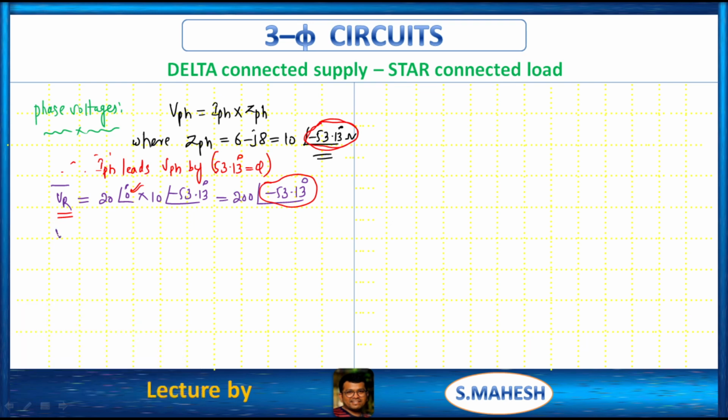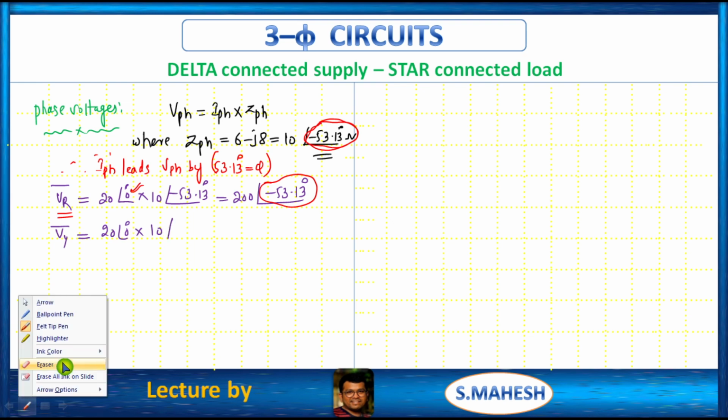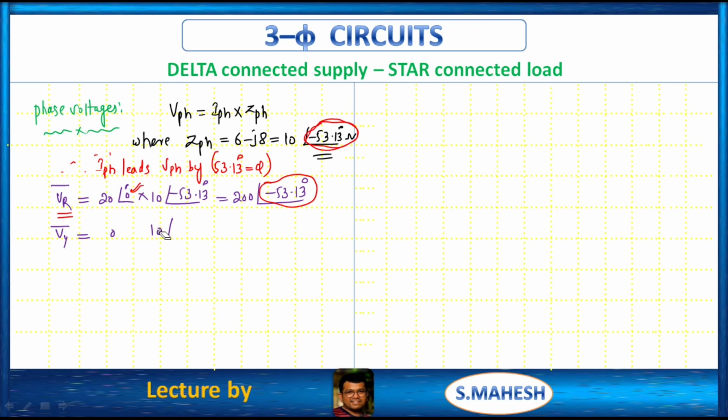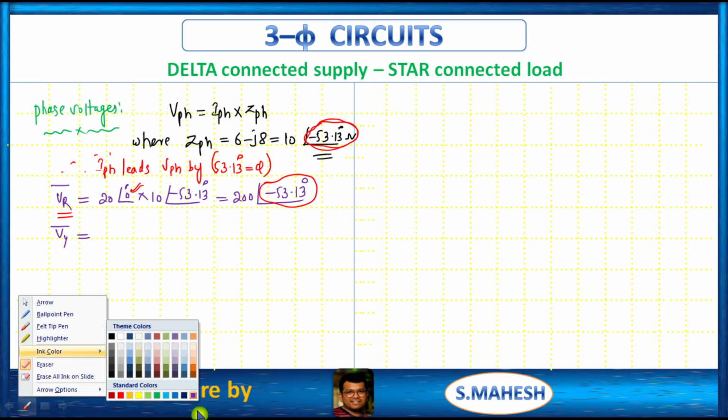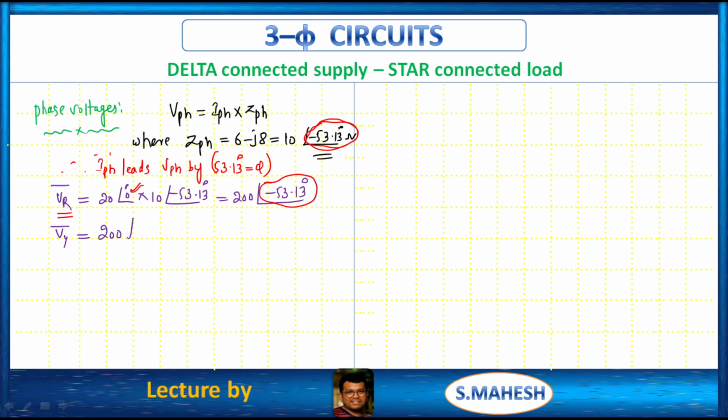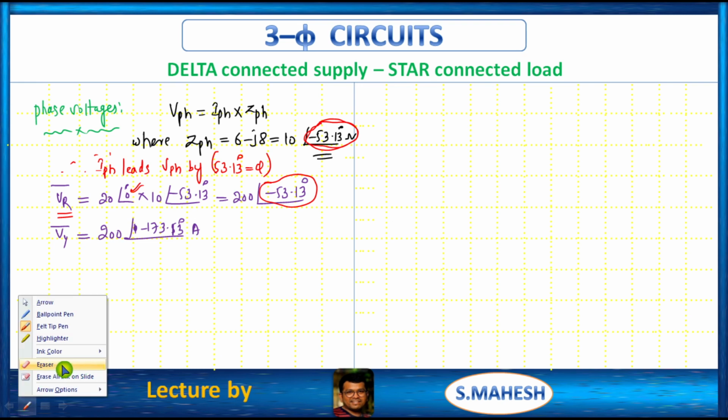Therefore, next, the phase voltage of Y phase, that is 200 at an angle 0, minus 120. Directly we can write 200 at an angle minus 120 minus 53.13, which is equal to 200 at an angle minus 173.13 volts.